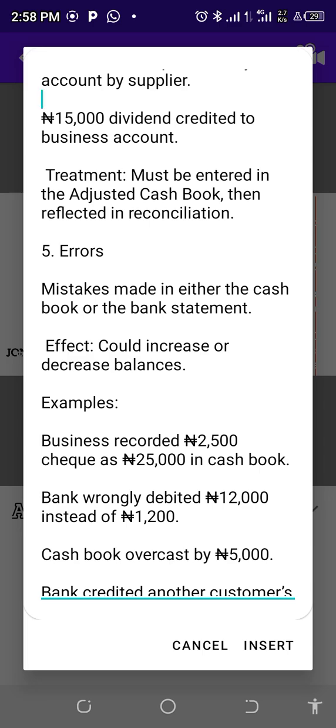Error may be an error of undercast, overcast, transposition, or an error of principle. Whatever it is, the nature of the error determines whether it will be treated in the cash book or the reconciliation segments.